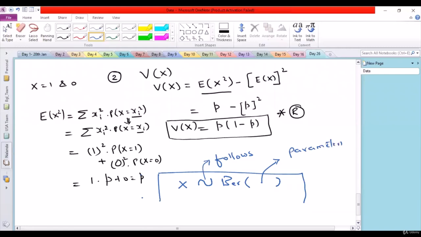What is the parameter here? You know n, the number of trials. If you know the probability P, then you will be able to tell exactly how x is going to behave. So you say x follows Bernoulli, and the parameter is P.